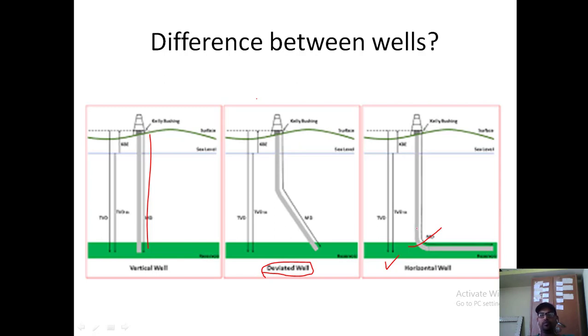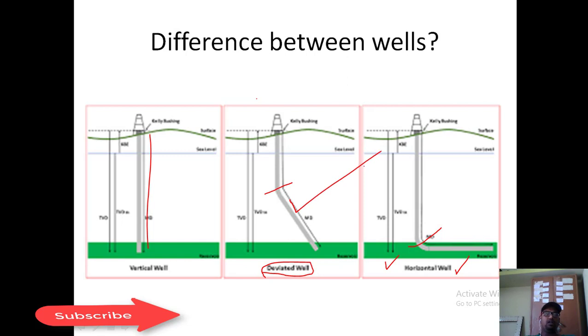When the well deviates from the kickoff point up to 90 degrees, that well is considered a horizontal well. If after the kickoff point the well does not deviate exactly 90 degrees or near 90 degrees, then it is considered a deviated well. This deviated well and horizontal well come under directional drilling. I hope you understood the difference between these three.